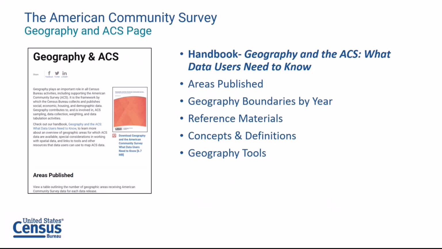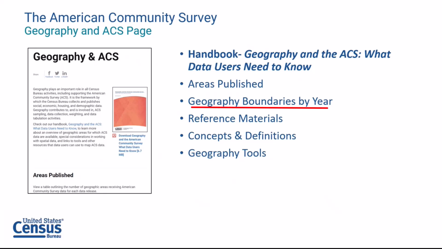The resources include the handbook titled Geography and the American Community Survey: What Data Users Need to Know. Check out the handbook to learn about the geographic areas for which ACS data are available, special considerations in working with spatial data, and links to tools and other resources that data users can use to map ACS data.